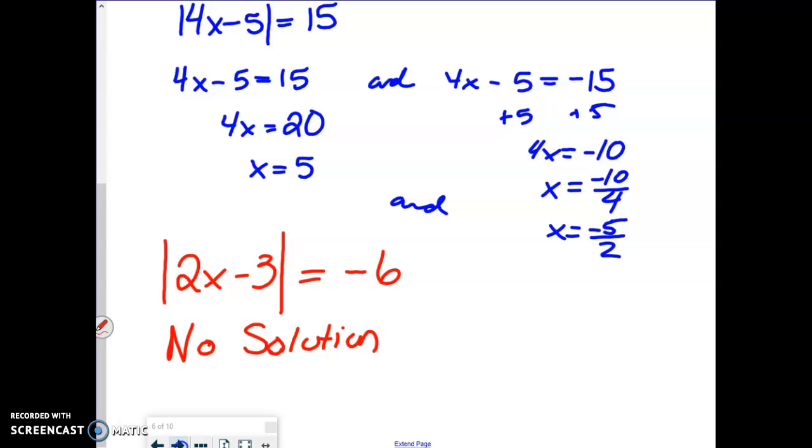How do I know just by looking at the equation? Because absolute value can't be negative. That's right. Absolute values can't be negative. So if you have an absolute value, when you get it alone and it's equal to a negative, that's no solution.